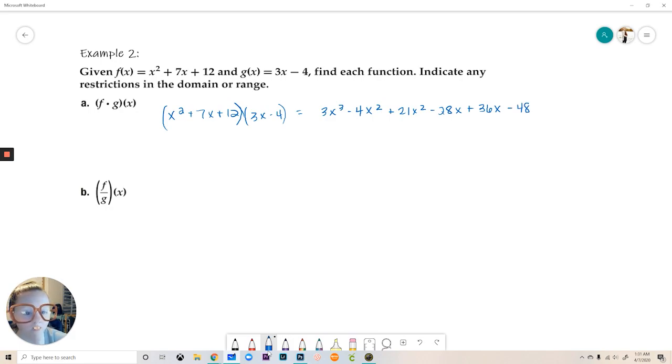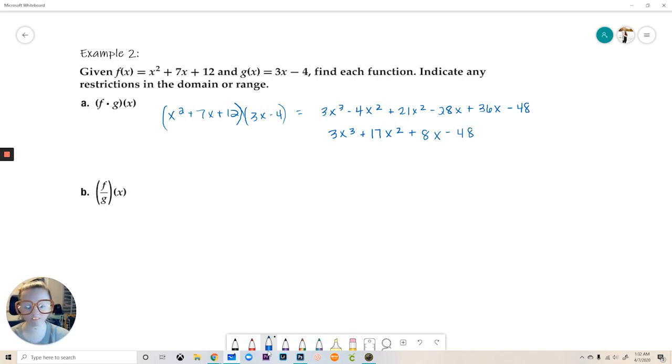So I'm going to combine all of these like terms. This is going to stay 3x to the third. Negative 4 plus 21 is going to end up being a positive 17x squared. 36 minus 28 should be 8, so plus 8x minus 48.